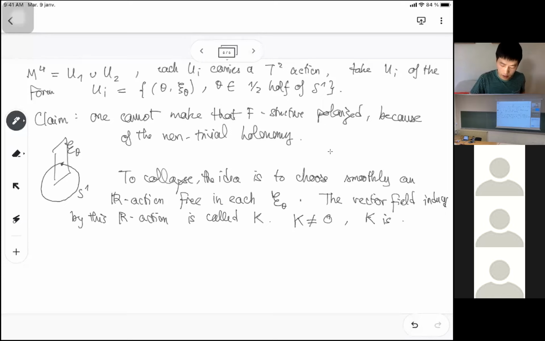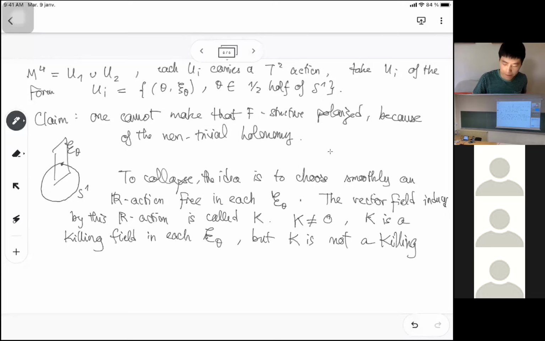K is, however, a killing field in each slice, each E theta, but K is not a killing field.